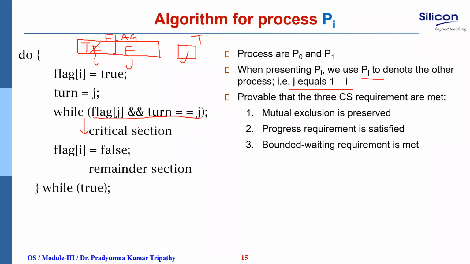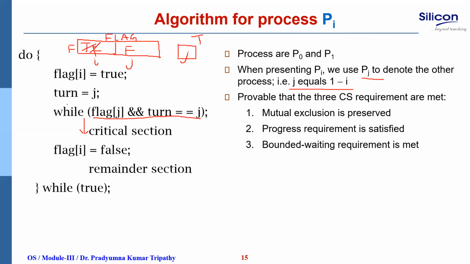After executing in the critical section, while coming out, it will again make it false. Is it understood?